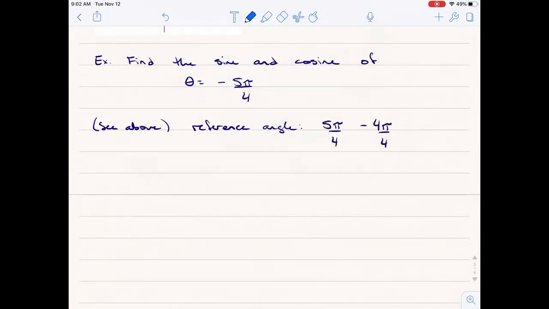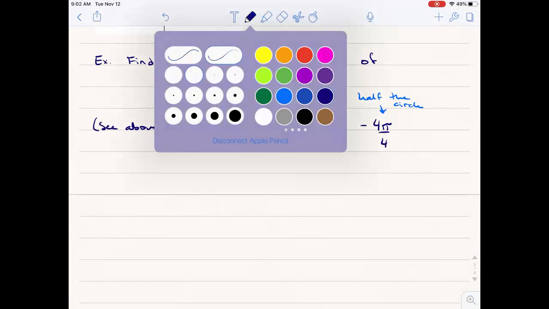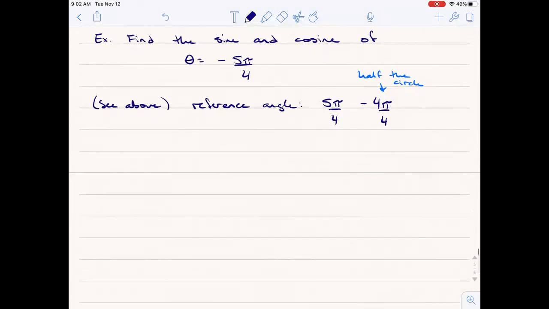Just making a note here that half the circle is pi, but I'm going to rewrite it as 4 pi over 4, which you can reduce, but because I need to have a common denominator, I'm just going to write it as 4 pi over 4. This is going to be 5 pi minus 4 pi over 4.